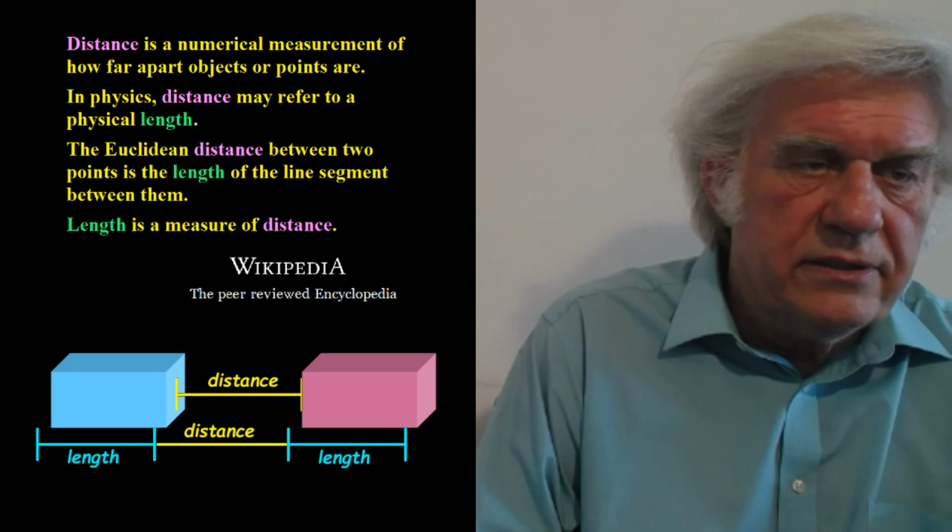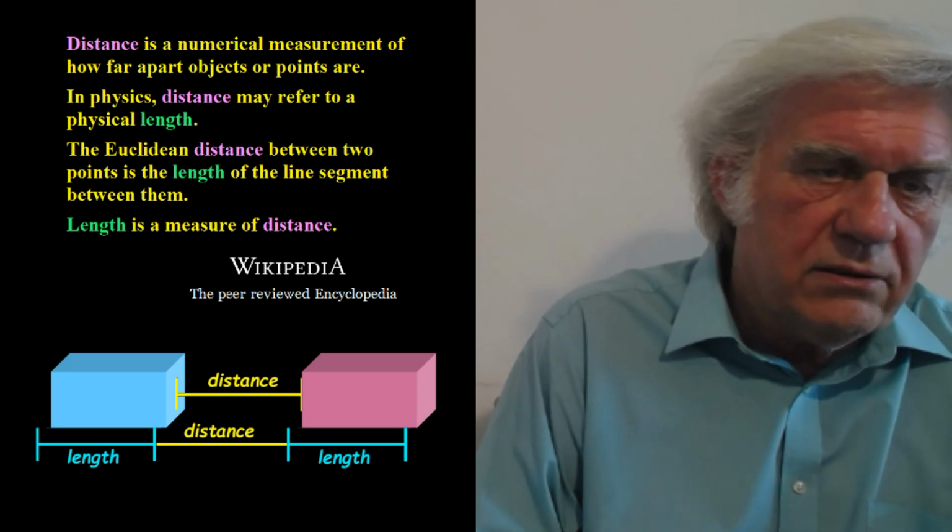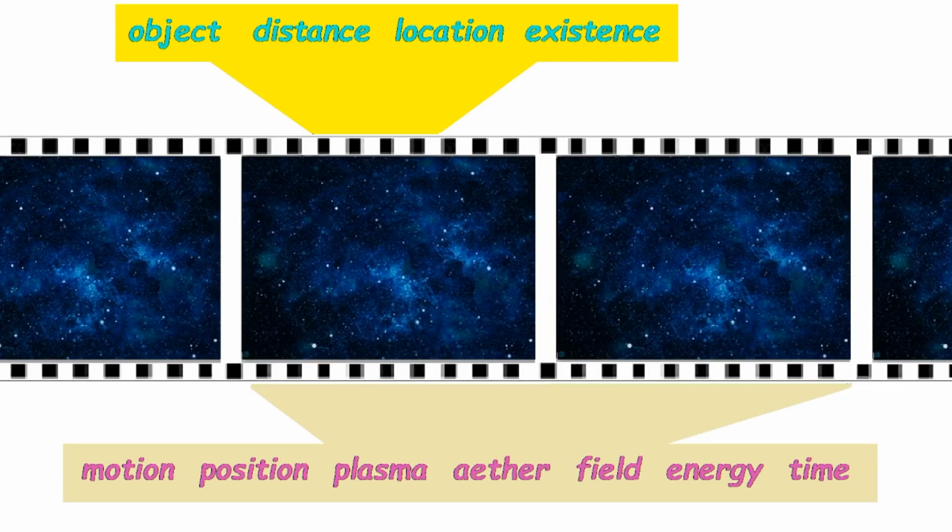And so, in order to explain these concepts, I had to invent what I call this tool, the universal movie. Here it is. The universal movie is every atom in the universe in a single frame. If you want to see motion, or any of the dynamic concepts that you see at the bottom, you need at least two frames of the movie.